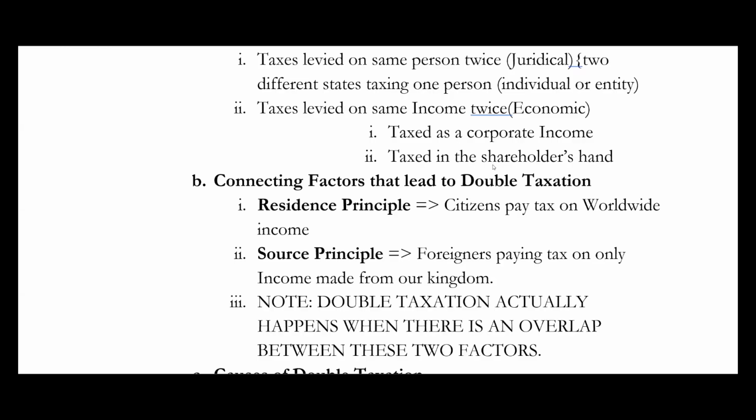And then we have economic double taxation. That is where taxes are levied on the same income, but in the hands of different people. That is all I can say, sir.